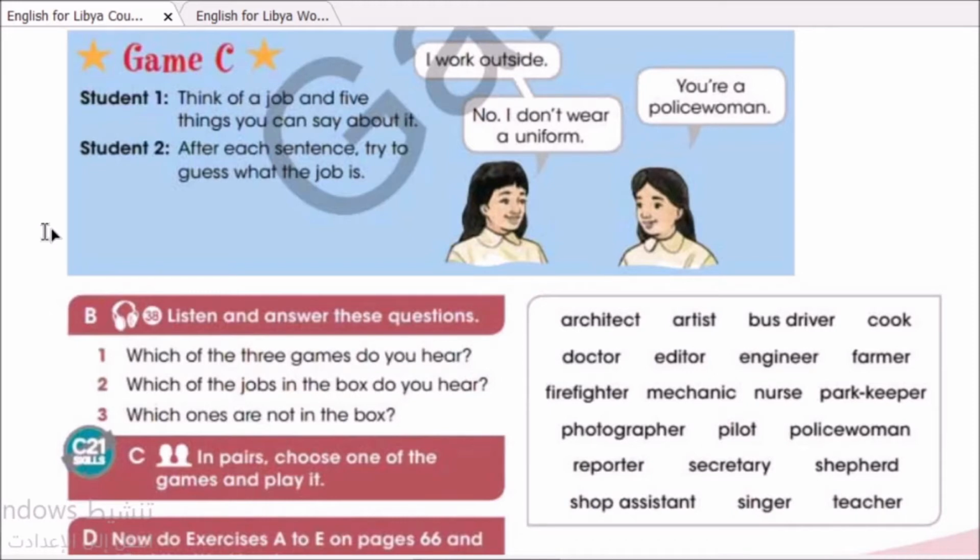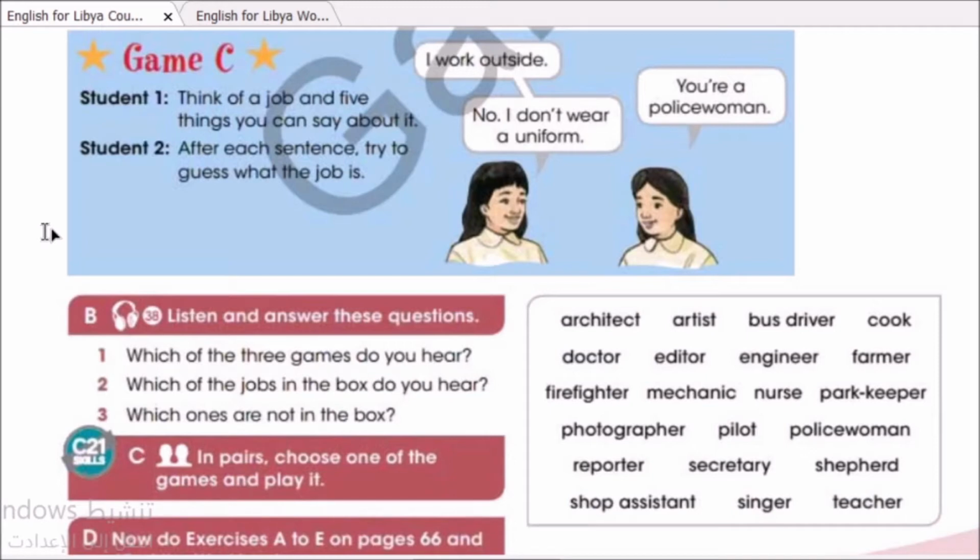Good morning, class. Good morning, Mr. Kareem. Right. Everybody, today I want you to play a game. Hey, they are happy about it. The name of this game is What's My Job? And this is what I want you to do. You'll work in pairs. One of you, student 1, thinks of a job, but don't tell your partner, alright? Yes, Mr. Kareem.